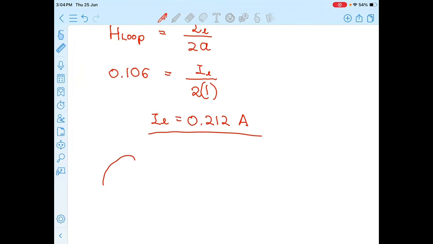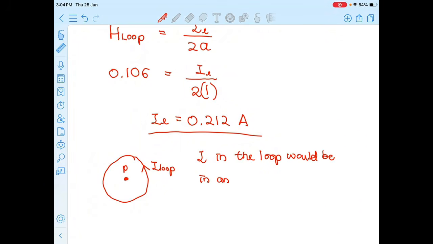You can either draw it by labeling this as the I in the loop, and this is your point P, or you can explain and say that the I in the loop will be in the anti-clockwise direction.